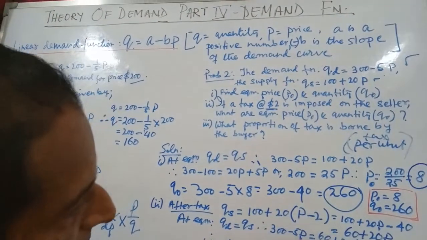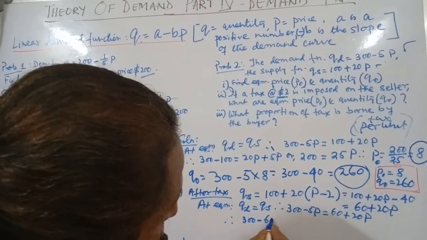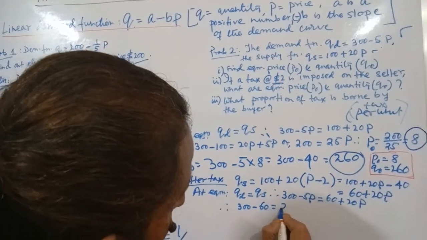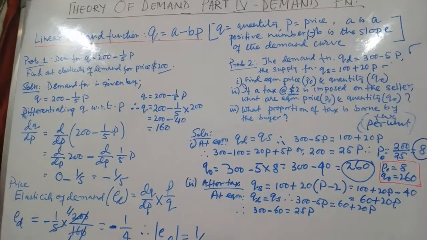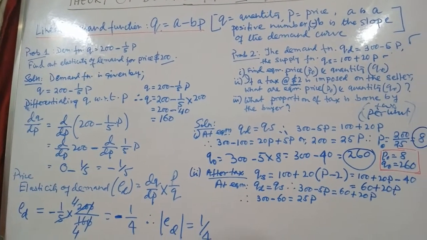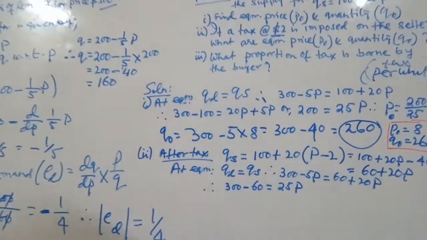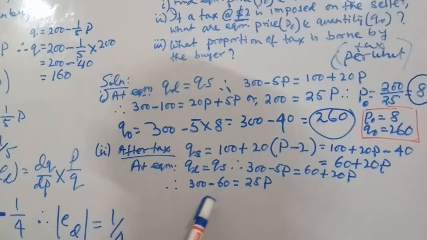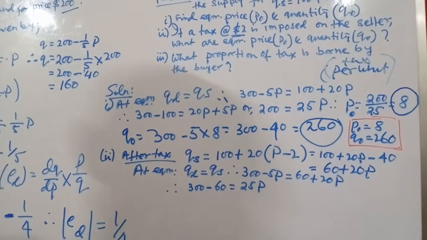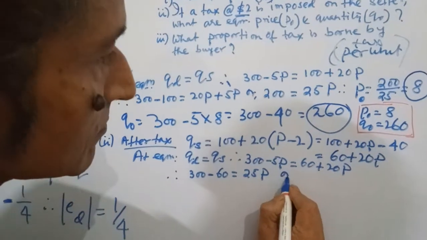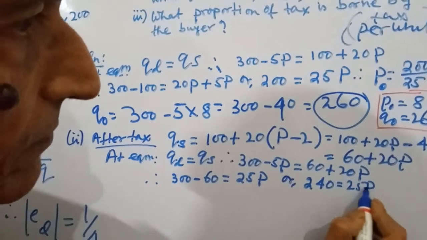Therefore, 300 minus 60 equals 20P plus 5P, 25P, or 240 equals 25P.